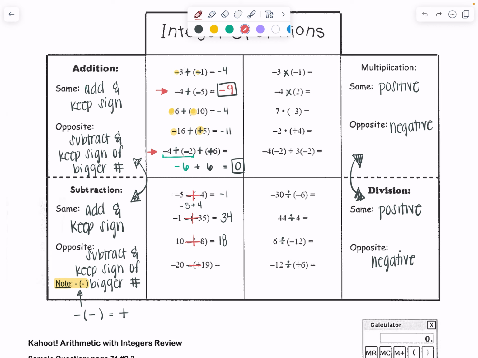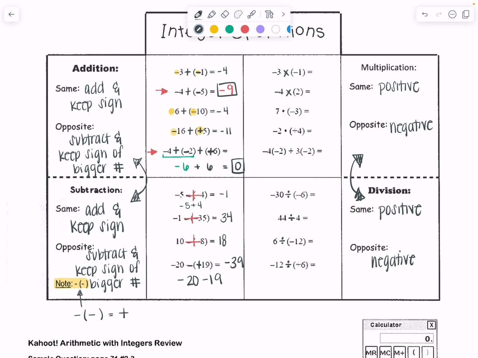Actually, I think this looks like it's supposed to be a plus sign. So I've got -20 minus positive 19. So -20 minus 19. And that's going to give me, they're the same signs. Keep the sign and -39.